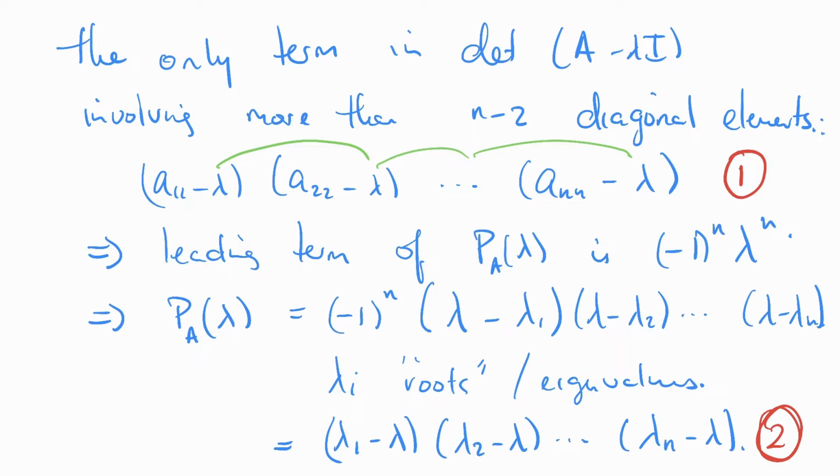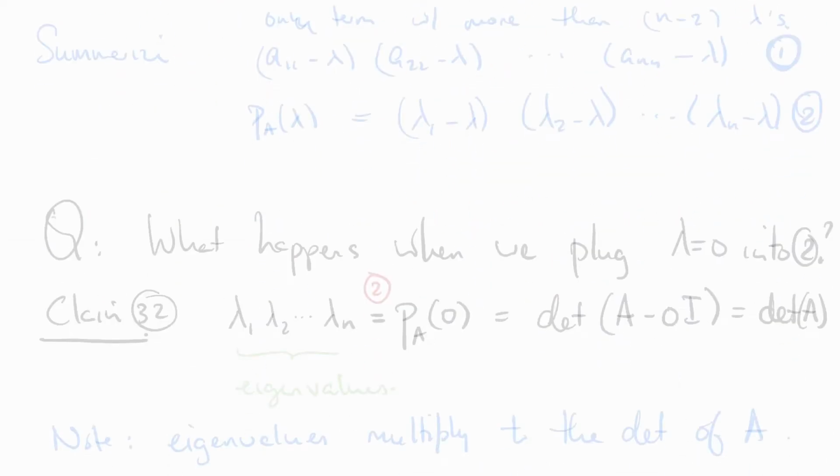All right. What does all of that give us? Let's talk about what happens when we put in lambda equal to 0. So let's just summarize.